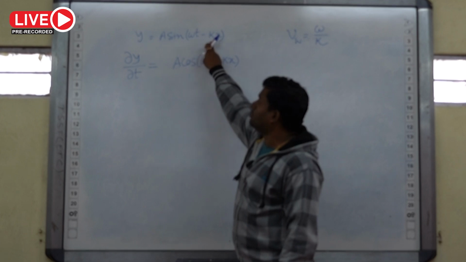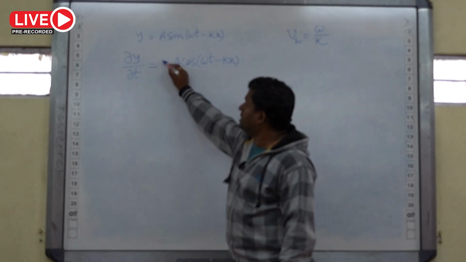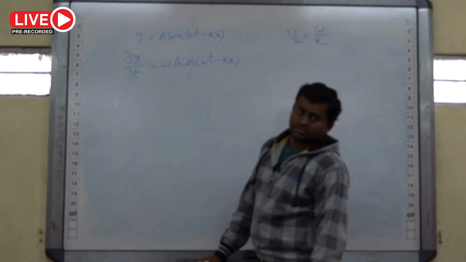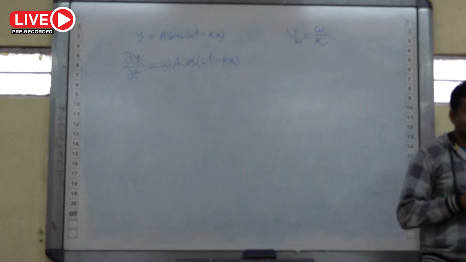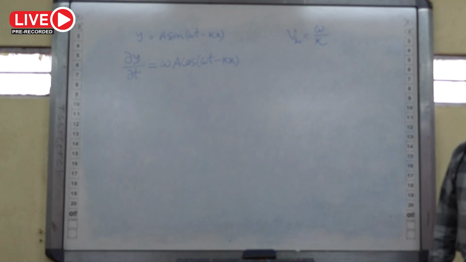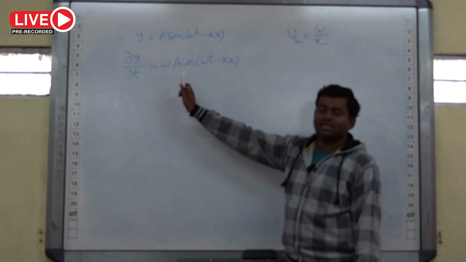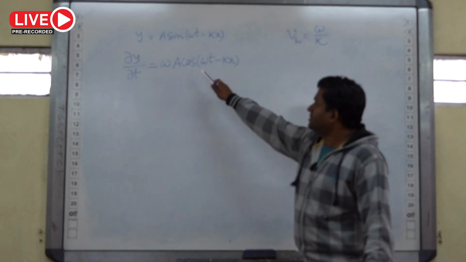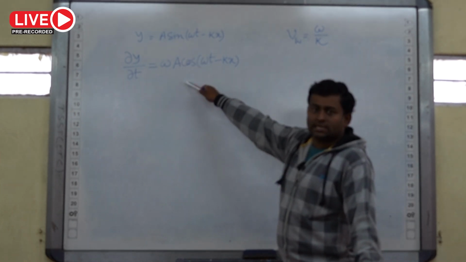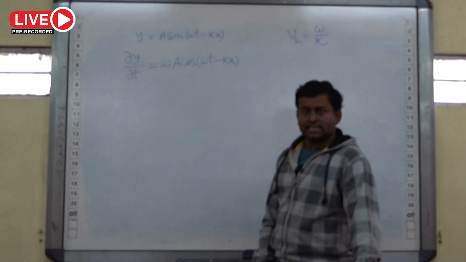The other part behaves like a constant because we are taking the partial derivative with respect to t, so only omega will come. Write only the terms that are coming. A is a constant, and the derivative of sine of omega t minus kx is cos of omega t minus kx.